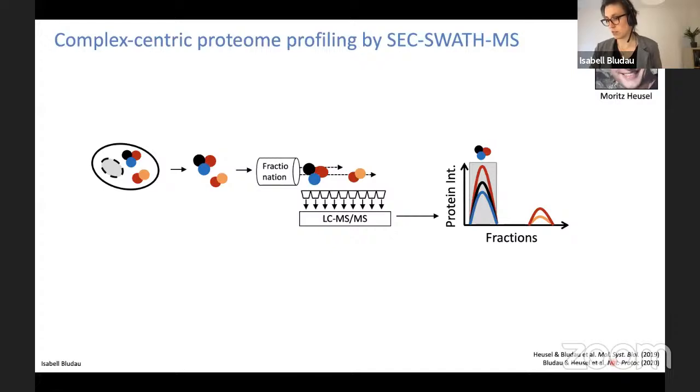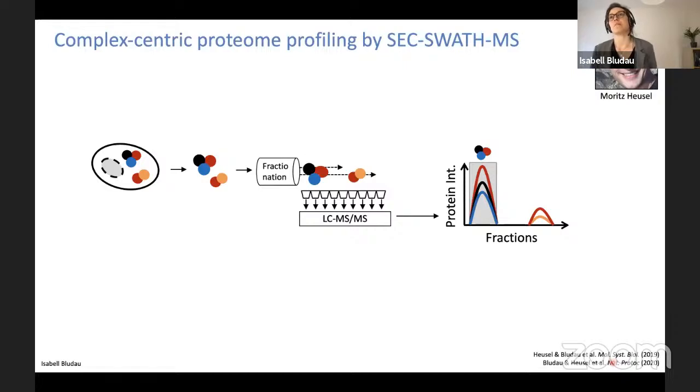How many protein complexes are generally observed in each fraction when you use 60 to 80 fractions? I have to think. There were quite a lot of complexes.